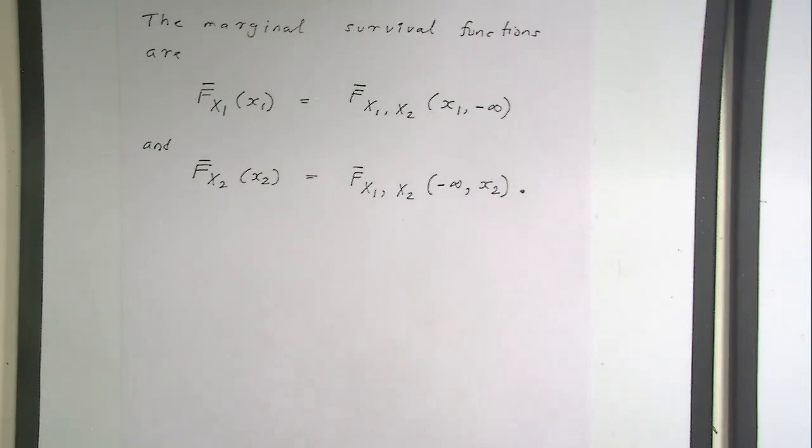So there are a few things to note here. We have the joint CDF, we have the joint survival function, and we have the marginal CDFs and the marginal survival functions, right?